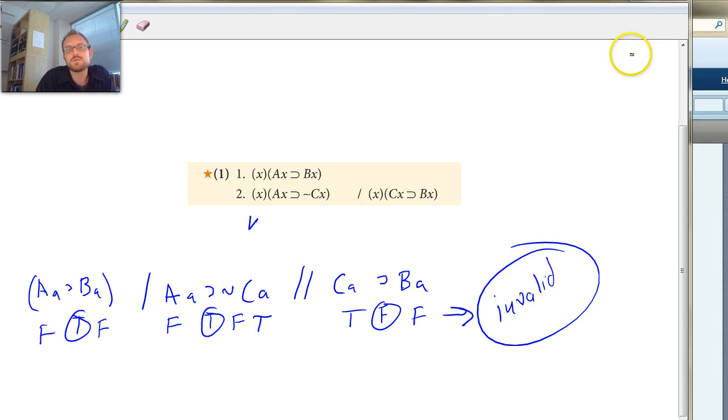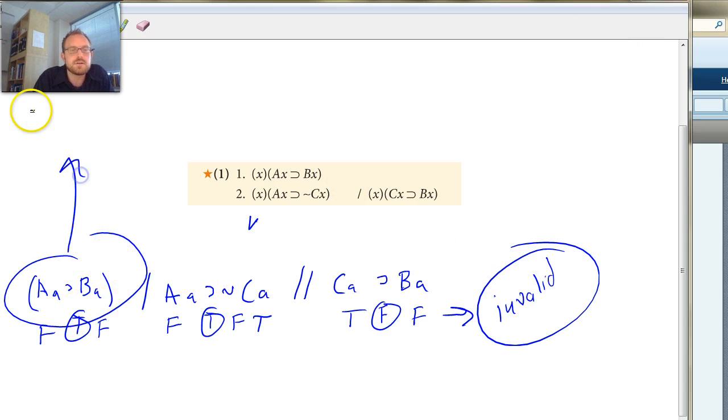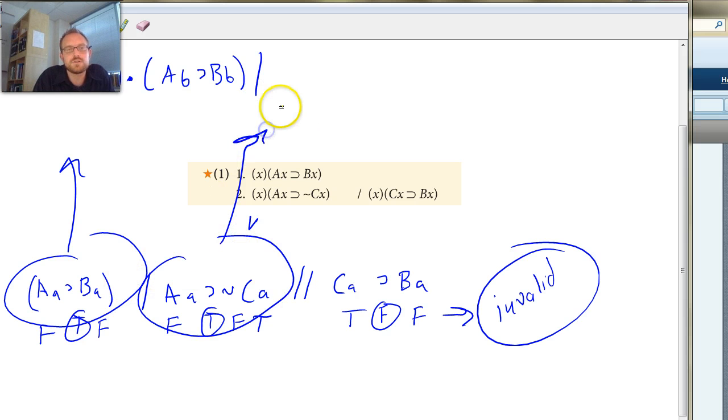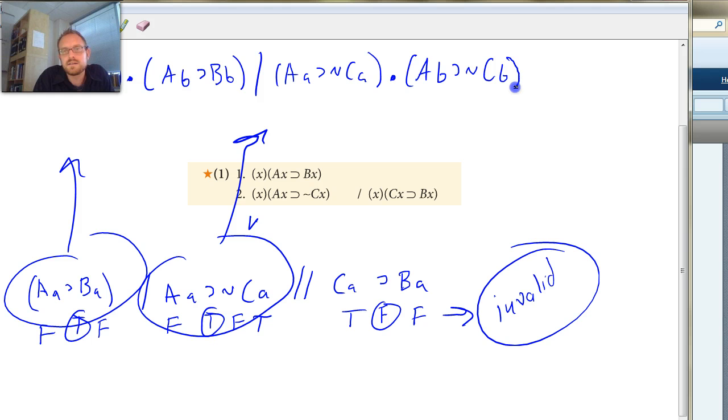So that's how you do these sorts of problems. If I wanted to test for a universe of 2, then I would write AA, then BA, conjunction, AB, then BB. The second premise would be AA, then not CA, and AB, then not CB.